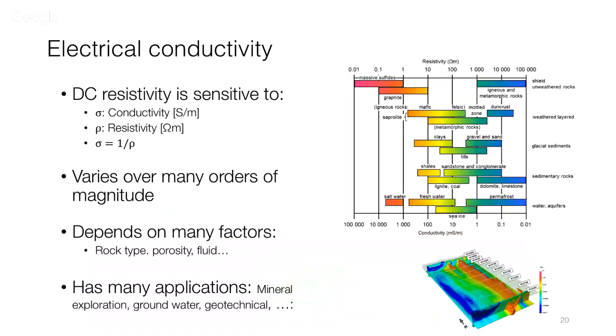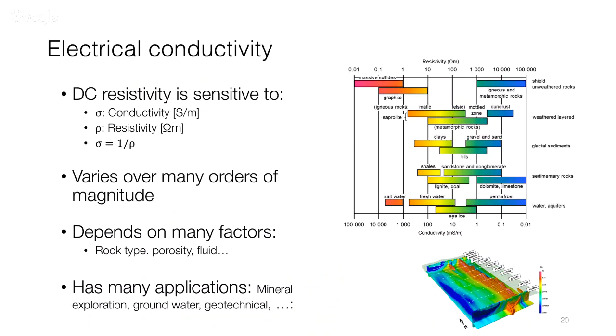Electrical conductivity changes by many orders of magnitude, depending on the rocks. So actually, this top scale is resistivity, going from 10 to the minus 2 ohm meters to 100,000 ohm meters.